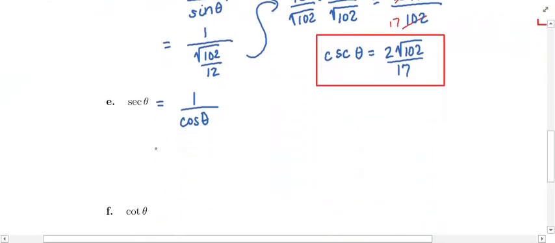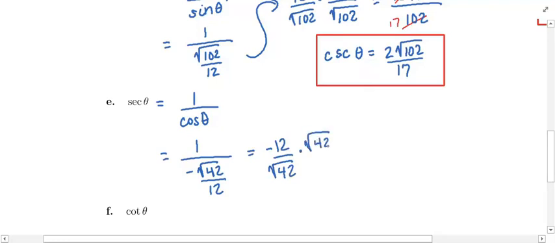So this is going to be 1 over negative square root of 42 over 12. 1 over a fraction flips it. So this is going to be negative 12 over the square root of 42. Rationalize the denominator. Multiply across the top and across the bottom. We're going to get negative 12 square root of 42 over 42.